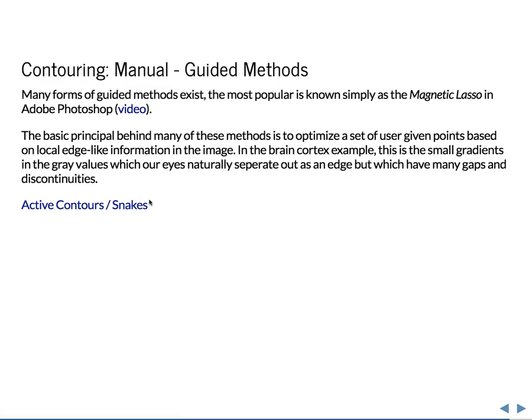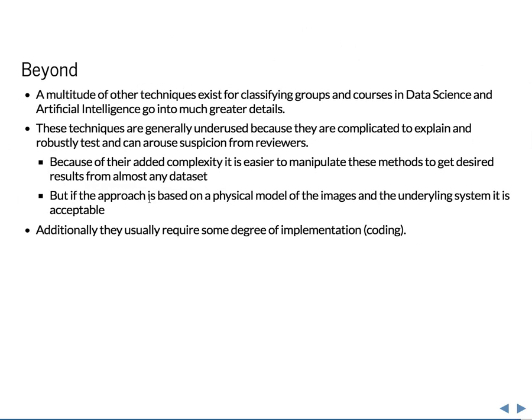So there's links that go into more detail about that if you're interested. All of these techniques are also implemented in Scikit Image, so you can play around there with some of the examples that they have.